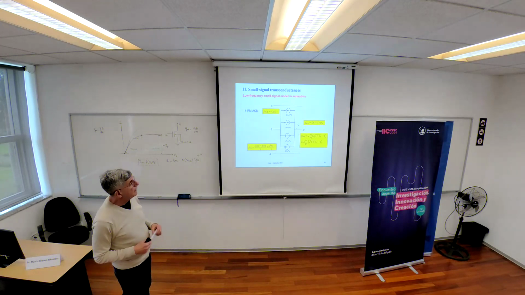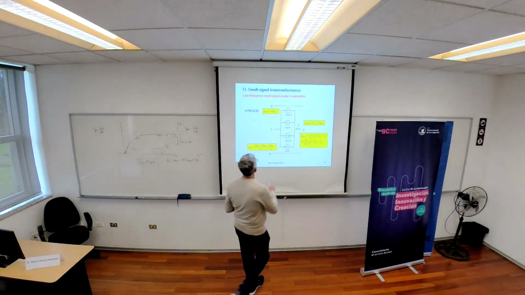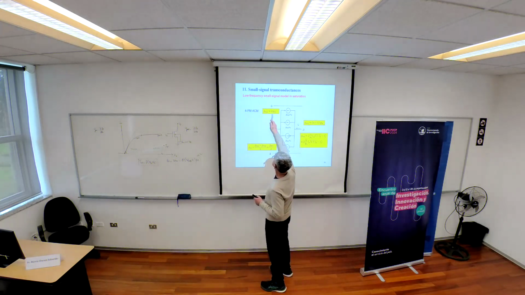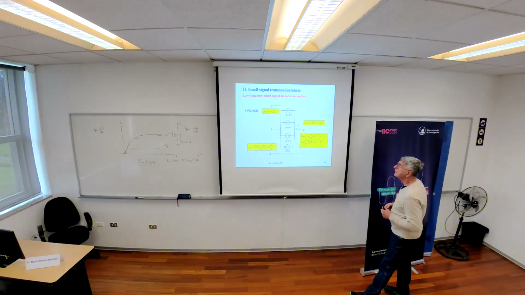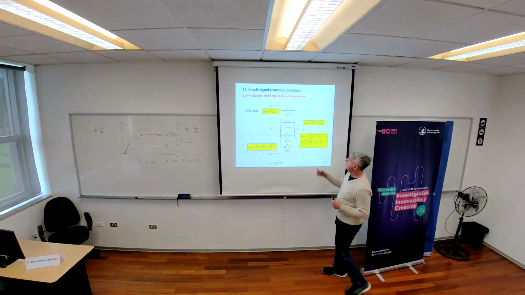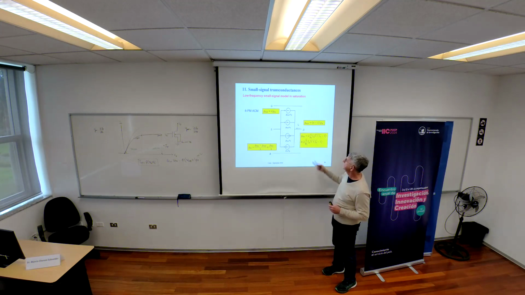In saturation, for any case, we have these expressions here. GMD is sigma times GM. Well, GMS is a function of the inversion level. And in saturation, the inversion level is equal to the normalized drain current.